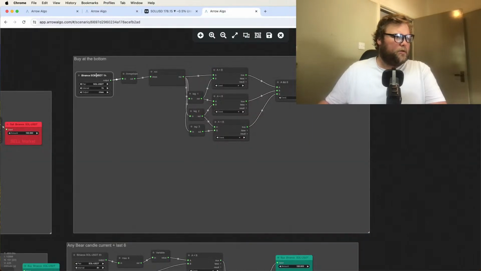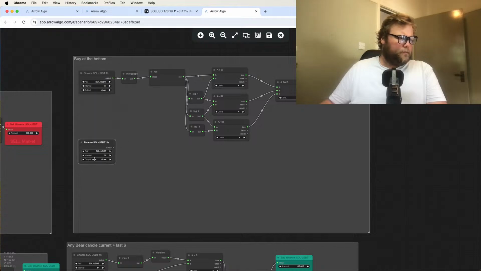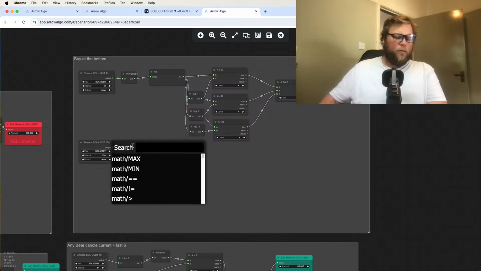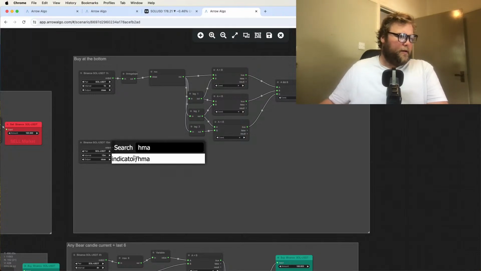So let's try that as well. We're still looking at the hourly linear regression, but we're going to create another data watcher, looking at a shorter time frame, and we'll look at that in comparison to its hull moving average.